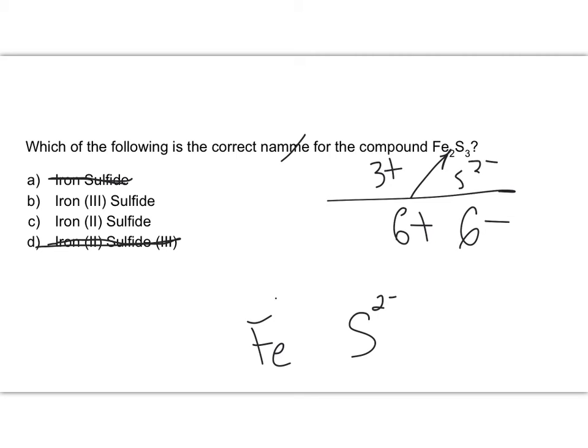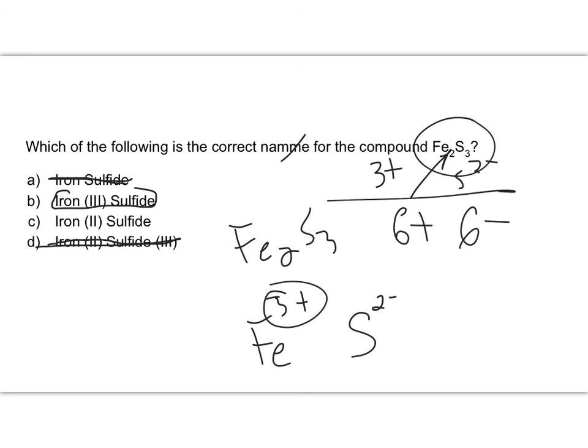So that iron has a charge of +3, which if you then go backwards and crisscross the numbers, you've got 3 and 2, you end up with Fe2S3, which is what we started with. So that tells you that the iron has a charge of +3, and we use a Roman numeral 3. Remember, key point here: the Roman numeral is the charge, not the number of atoms. So whatever the charge is, that's the number that should be in parentheses as a Roman numeral.